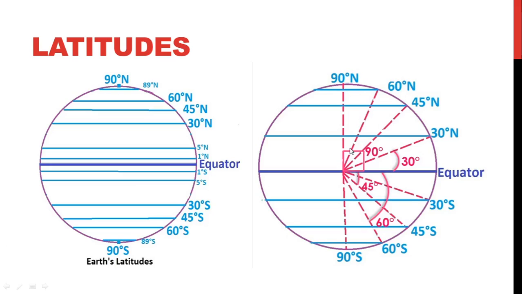That means the 90 degree latitude is drawn at the angle of 90 degrees. In Southern Hemisphere, just look at 45 degree latitude. They are drawn at the angle of 45 degrees. 60 degree latitude. These latitudes are drawn at the angle of 60 degrees.